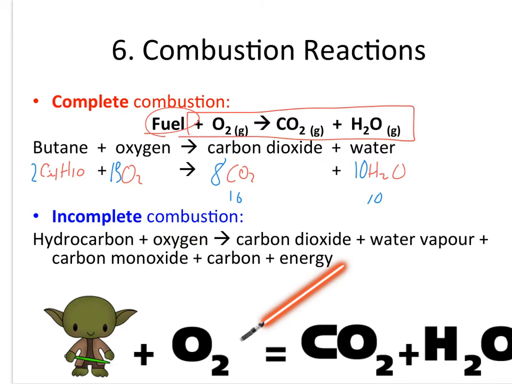In this case, if we're using butane and oxygen, here we need 13 oxygen molecules for every 2 molecules of butane. But in incomplete combustion, maybe we'll still have 2 molecules of butane, but we'll only have 7 molecules of oxygen for those 2 molecules of butane. That's not the proper ratio, and so we're going to be creating other compounds as well, like carbon monoxide and carbon.